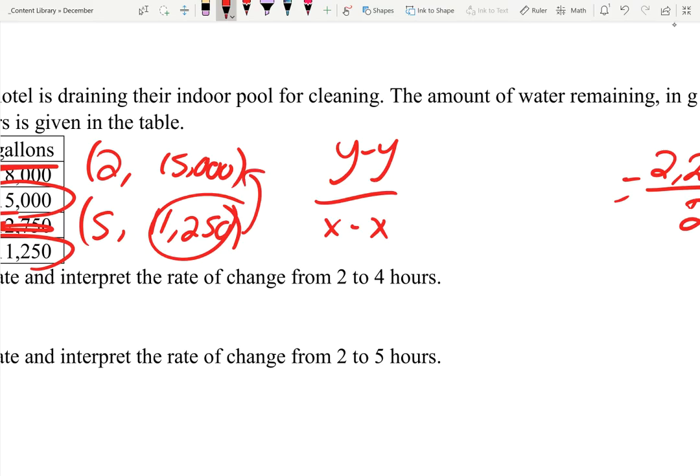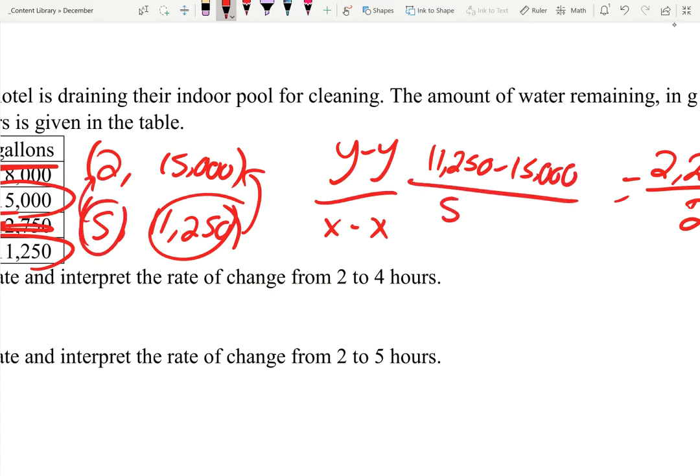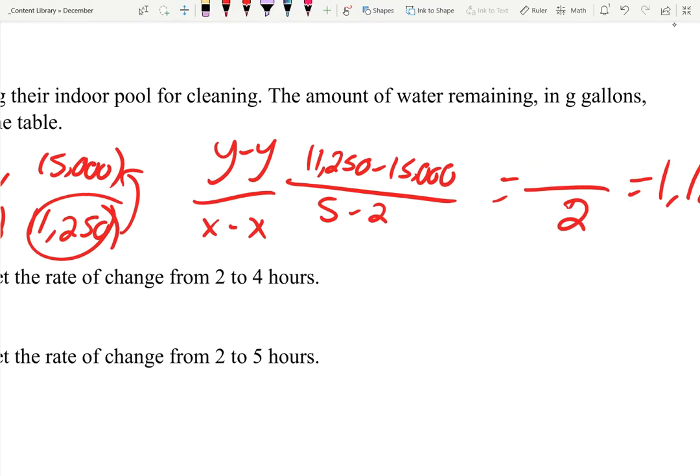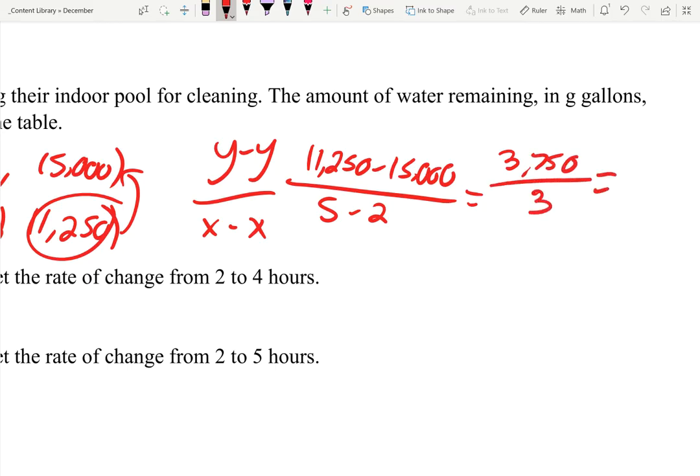So we'll have 11,250 minus 15,000 over the 5 minus the 2. So when I'm calculating that, this would be 3,750 over 3. So again, handy calculator.